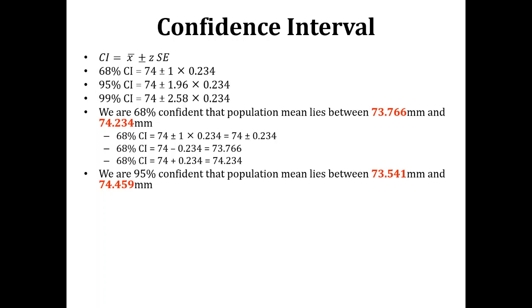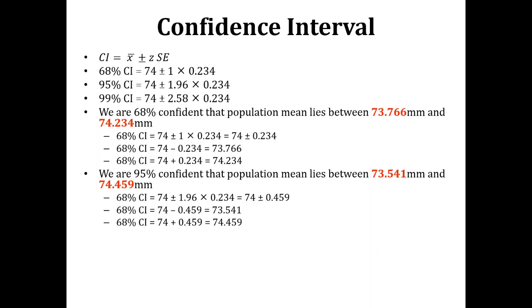For that we use the same formula: we multiply the standard error of 0.234 with the z-score of 1.96, which is for the 95% confidence interval, and we get the value of 0.459. Then we add and subtract this value of 0.459 from the mean value. When we subtract, we get 73.541, which is the lower limit of this confidence interval, and when we add, we get 74.459, which is the upper limit of this confidence interval.